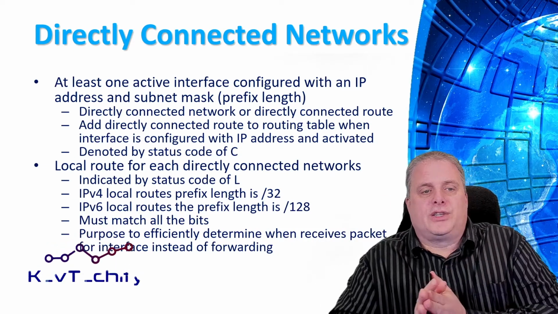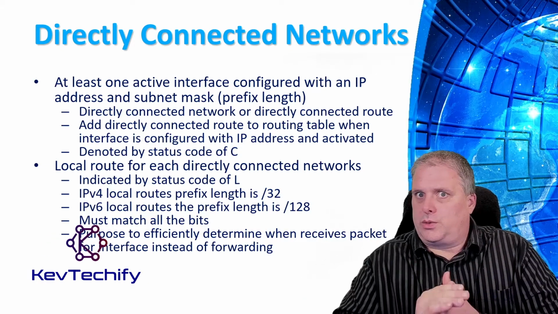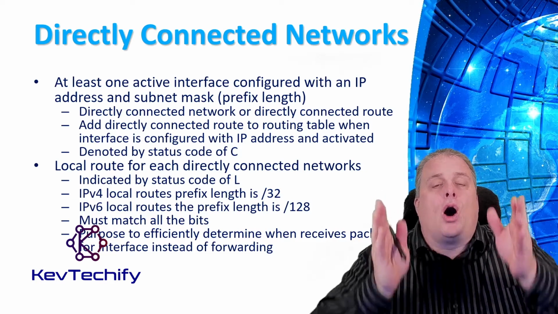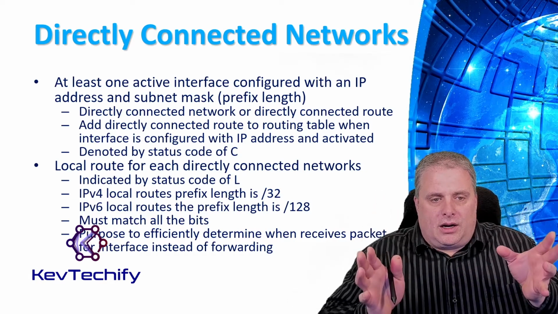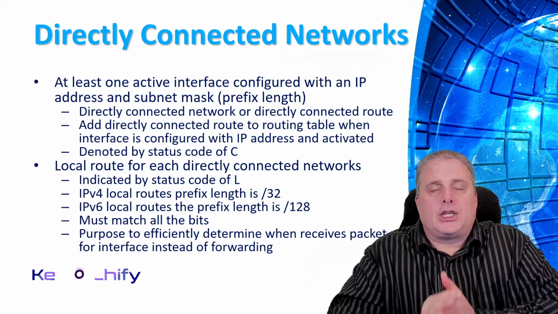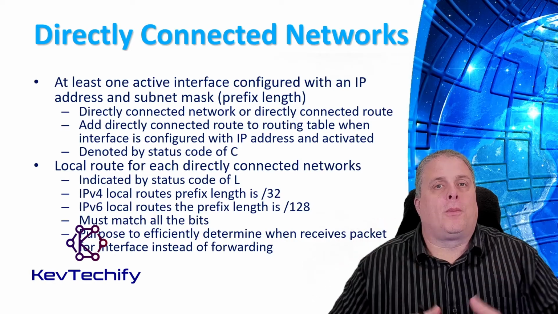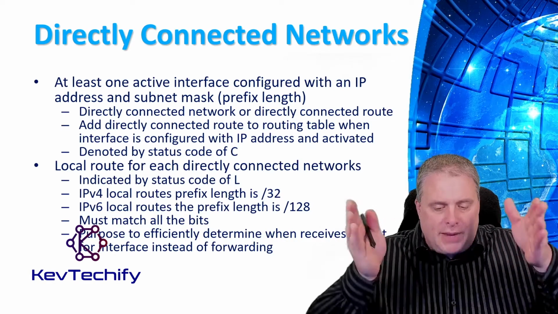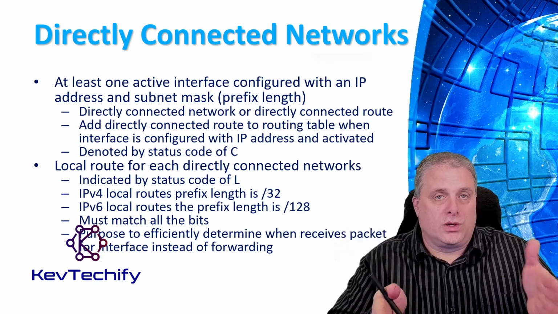IP version 6 is a /128, only 128 bits in an IP version 6 address. It must match all the bits. Basically, what we're saying here is, let's match all the bits in this IP address, either /32 or /128.